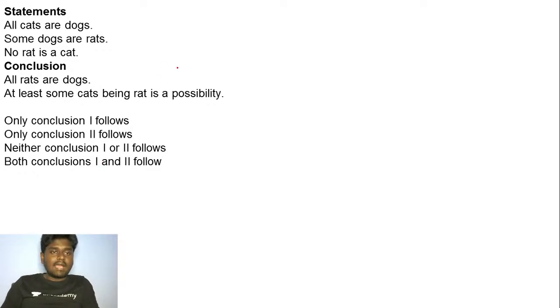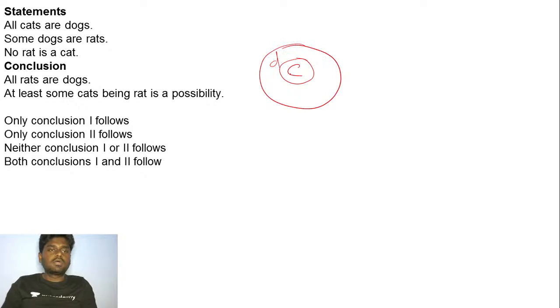We have all cats are dogs, so what will it be exactly? The complete cat will be put inside dog, right? All cats are dogs, and some dogs are rats, so you need to simply connect dog with rat. Some dogs are rats, and no rat is a cat. So listen carefully. There is no connection. Cat should not touch rat. That's what it means.